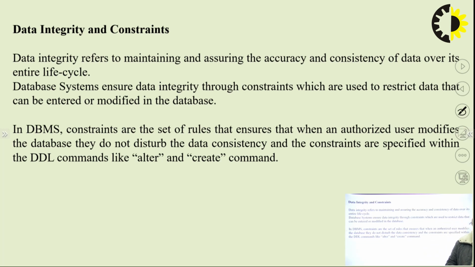In DBMS, constraints are the set of rules that ensure that when an authorized person or user modifies the database, it does not disturb the data consistency. The constraints are specified within DDL commands like alter and create. We update the database using the alter command or the create command.